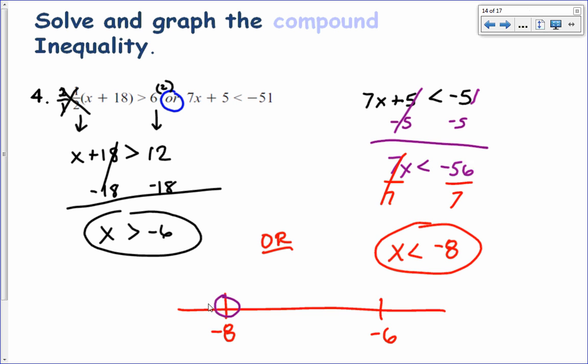X has to be less than -8, so it's going to go this way, and x has to be bigger than -6, so it's going to go that way. Remember, if we have an open space in between our two graphs, open means or. So the two lines are going in opposite directions. Let's move on.